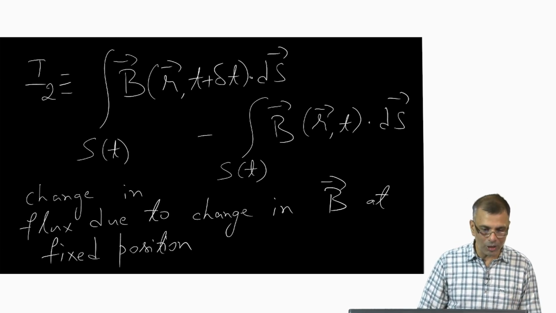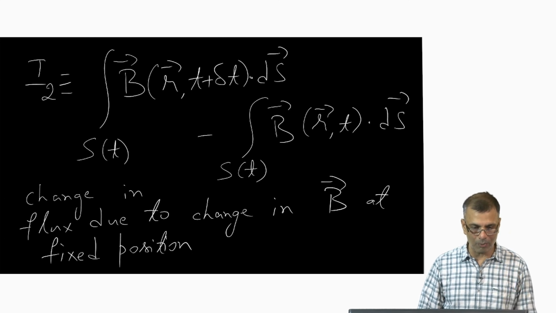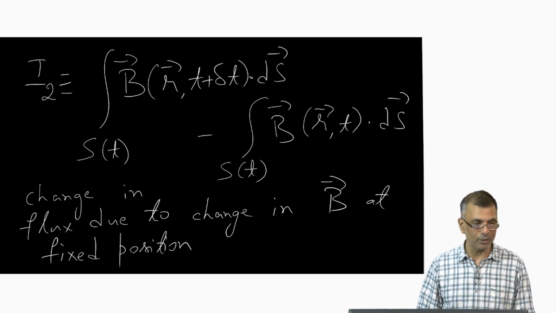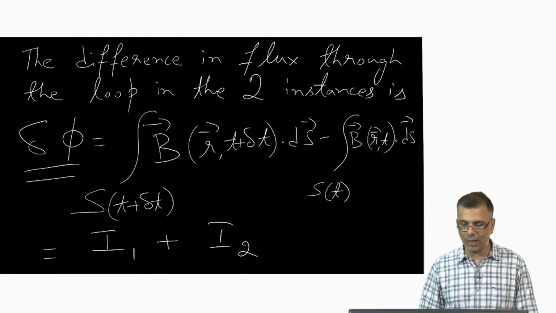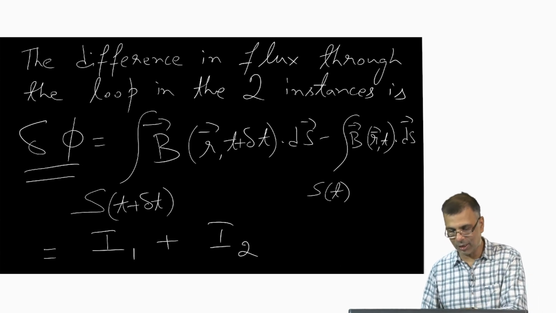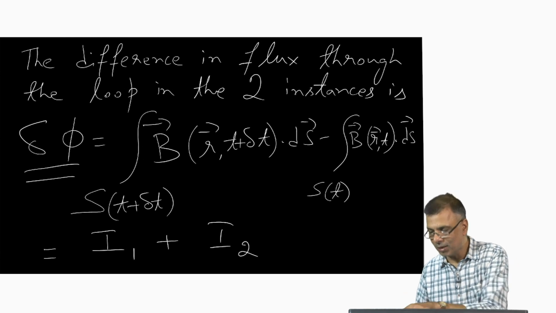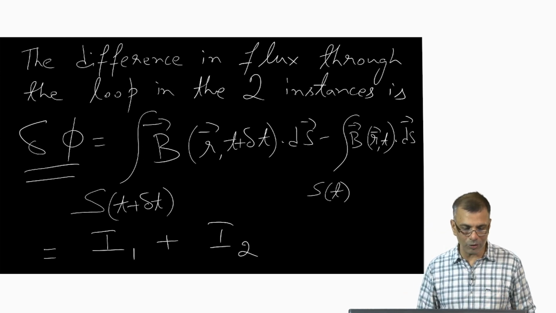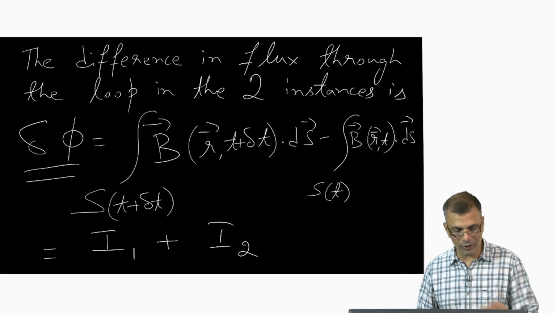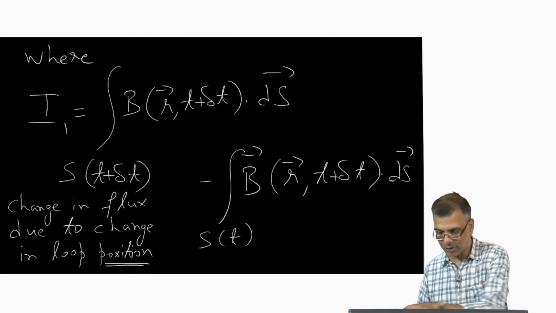You see, the magnetic field is one value here and it's another value here. Simply due to the change in magnetic field, I am trying to see what's the change in flux. The change in flux is due to the change in loop position as well as the change in magnetic field. At the end of the day you wanted B(r, t plus delta t) dot dS at S(t plus delta t) minus B(r, t) dot dS at S(t). If you look at I1, this is the first chunk here, and the second chunk is this.